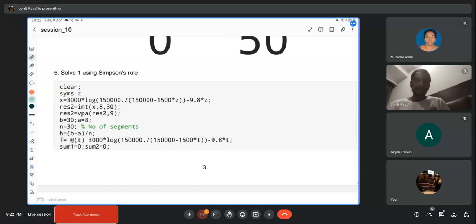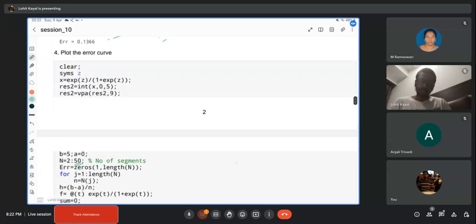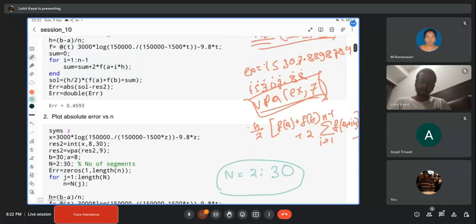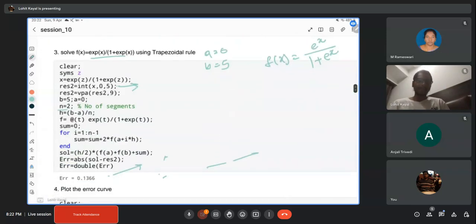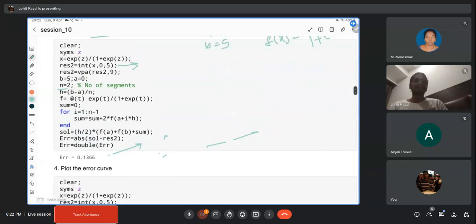So here you need to use Simpson's rule to solve this problem, this same expression. Here you will see how Simpson's method modifies the answer massively compared to the trapezoidal.